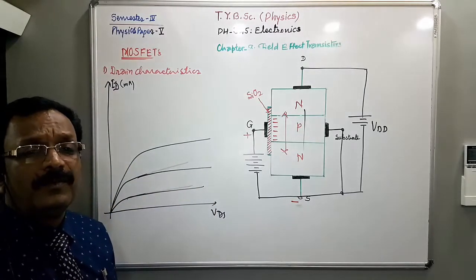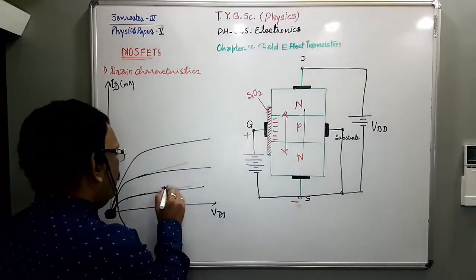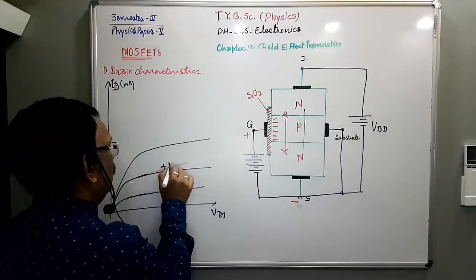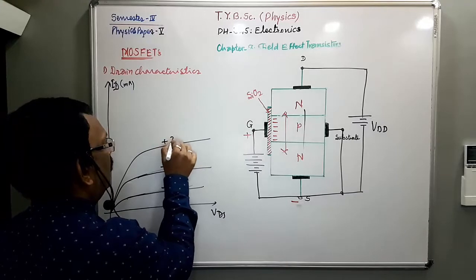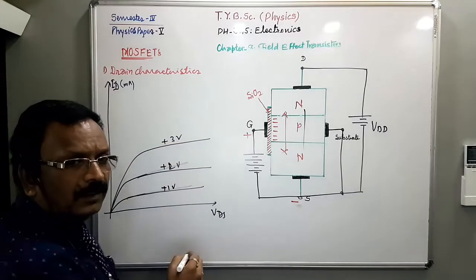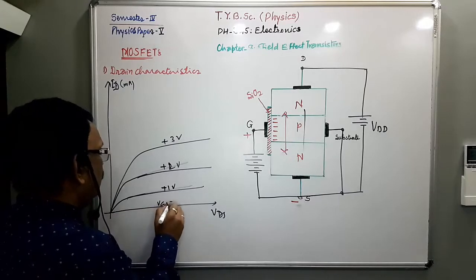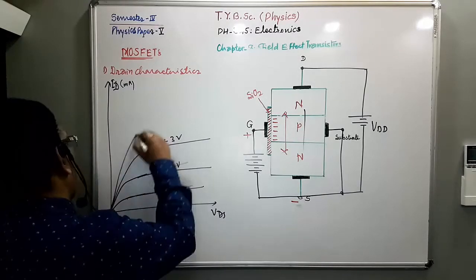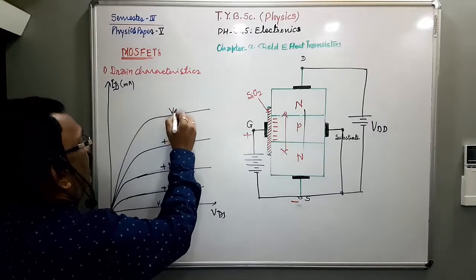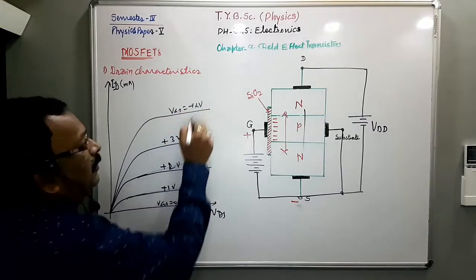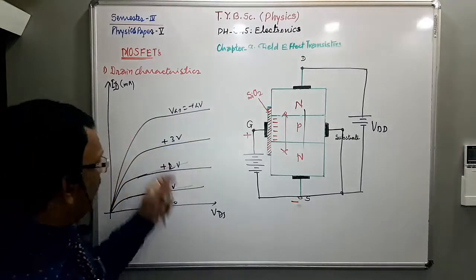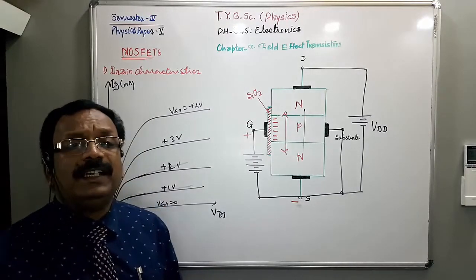See here, this is for 1 volt, this is for 2 volt, this is for 3 volt, and this is the curve at which VGS is equal to 0. We can show many more curves, up to VGS equal to plus 4 volt. So this is the drain characteristics.